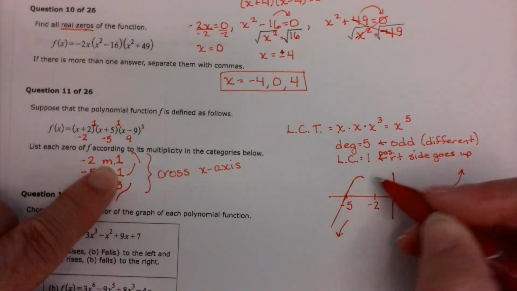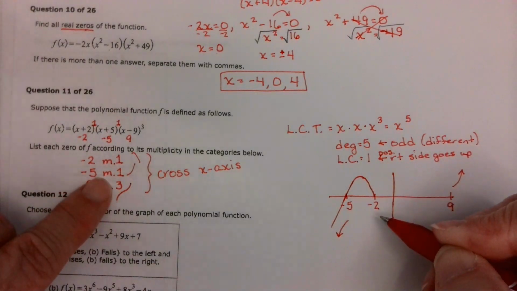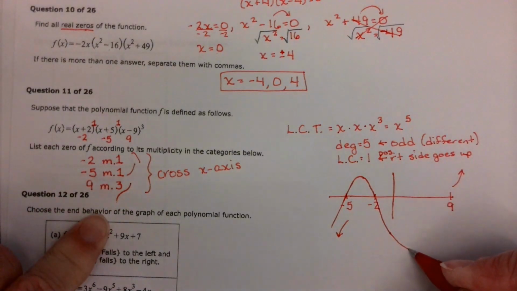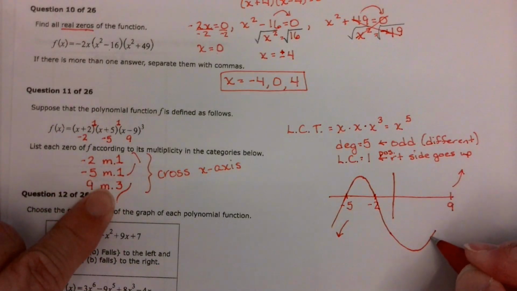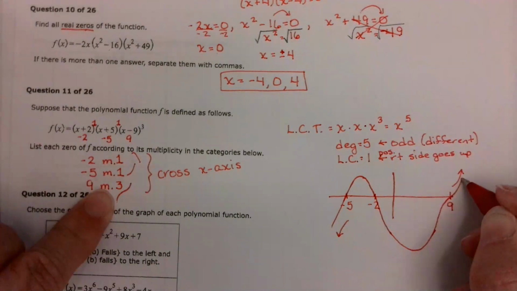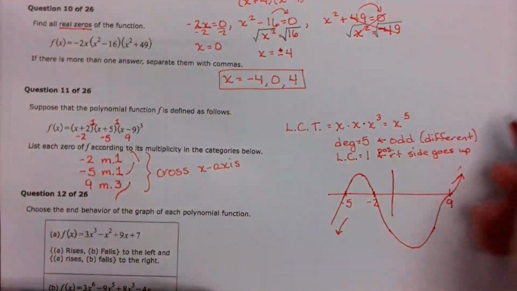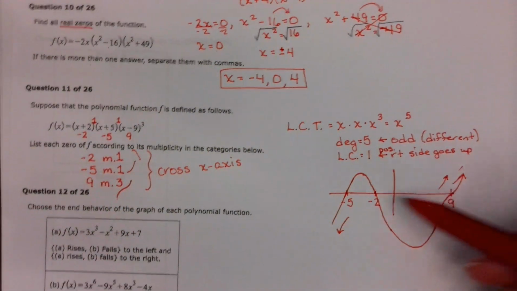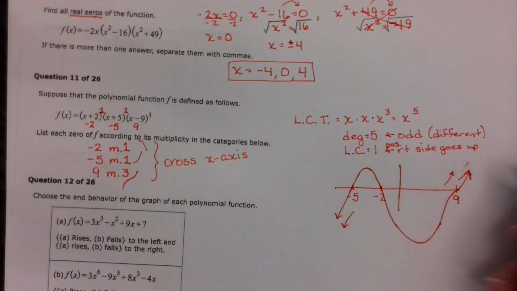It comes someplace up here, turns around, comes back down here at -2, and it has a multiplicity of 1, so it crosses, comes somewhere down in here, turns, comes back to 9, and it kind of snakes through because it's still odd, so it snakes through and goes up. See the difference? It's just a little flatter where these aren't. Okay, so that's basically how you would use multiplicities.